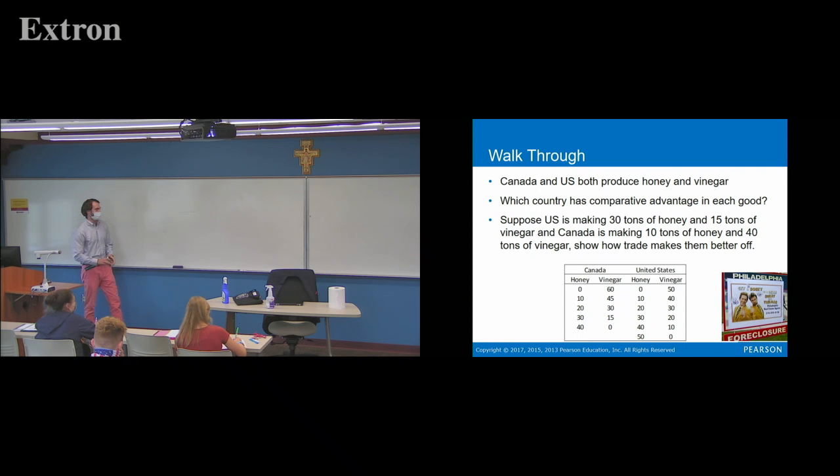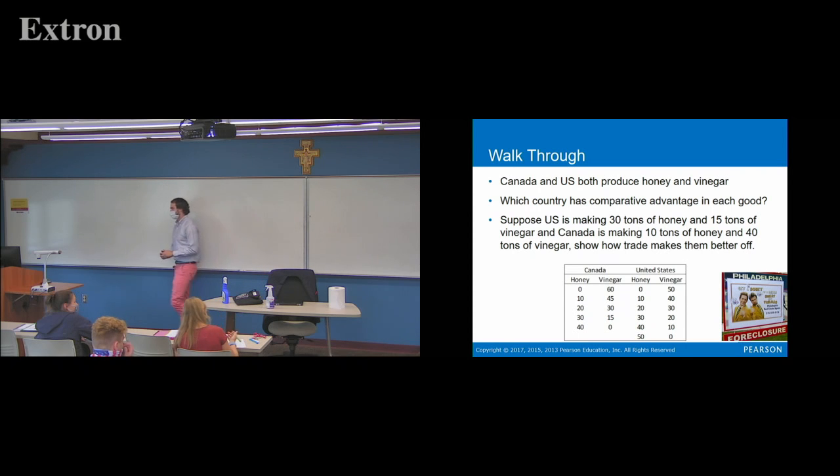So you don't have to worry about having the curved PPF and having to pick a spot on there. No matter which one you pick, the opportunity cost will be the same. So for Canada, moving from point 1 to point 2, to make 10 units of honey, how much vinegar are they going to have to give up?